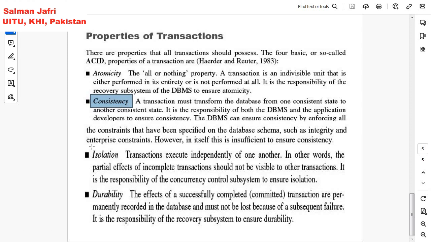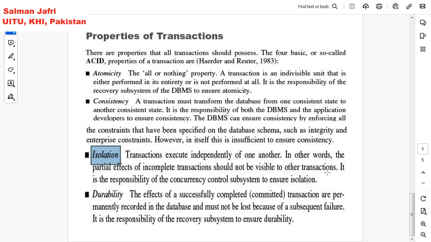The third is isolation. And transactions execute independently of one another, right? So in other words, the partial effects of an incomplete transaction should not be visible to other transactions. That is the most important part, right?